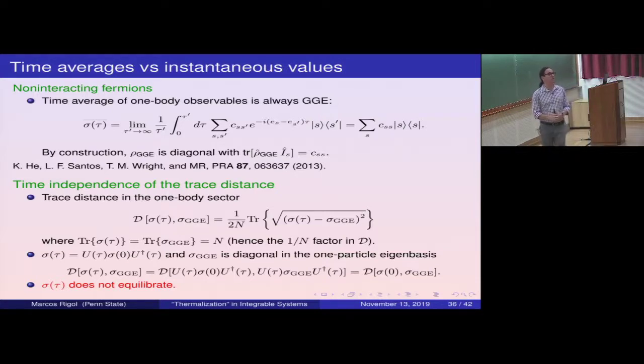So what this is telling you is that you take free fermions, the time average of the one-particle density matrix is the GGE. At each time, the density matrix is completely different from the GGE. Okay, that's pretty amazing. That's not to say that there are no one-particle operators that are GGE. I showed you that the density is GGE. But the one-particle density matrix is not GGE.